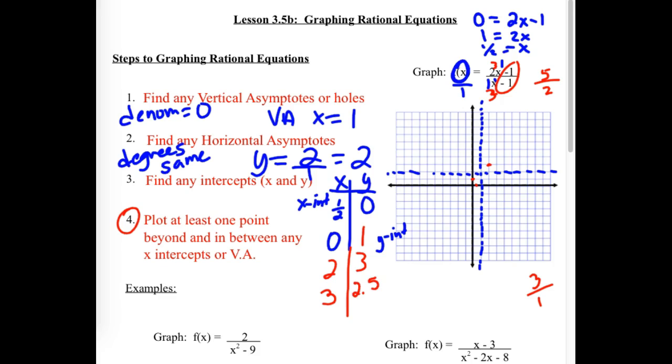So over 3, up 2.5. Okay? Now, if you think about the pictures we had yesterday, could we make an assumption that we have a branch here and one here?